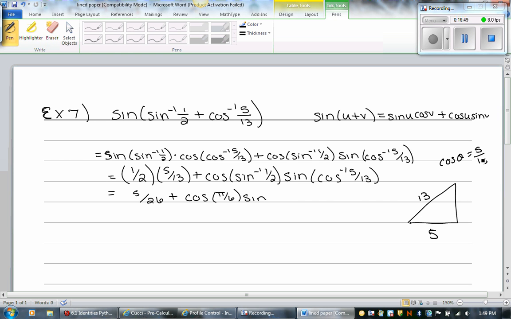It's just another way to write it. We need to find that missing side using the Pythagorean theorem. I'm going to find it to be 12.